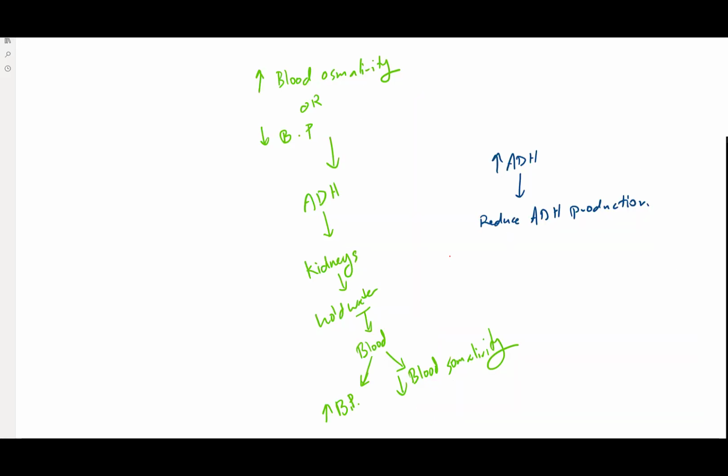Now, ADH can sometimes be blocked. Certain substances can block it, like alcohol. Alcohol blocks ADH formation. Caffeine too. That's why, for example, after drinking coffee, you will feel the urge to urinate. Caffeine and alcohol block ADH production, which means if we don't have ADH, urine forms freely, because ADH is the brake on urine formation.